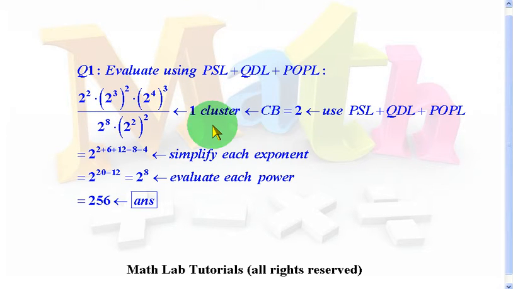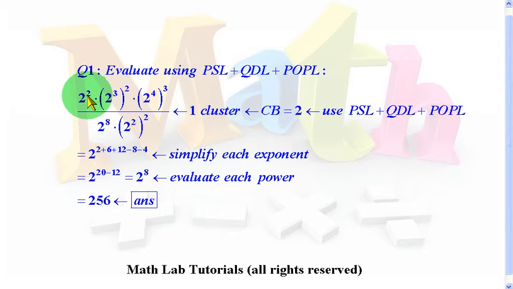But the big idea to realize is that you've got one cluster and you have a common base of 2. And we're going to use all 3 laws over here to execute the problem. So in the next line, because you only have base 2, you write down base 2. And what we're going to do is rapidly collect all the exponents for base 2.